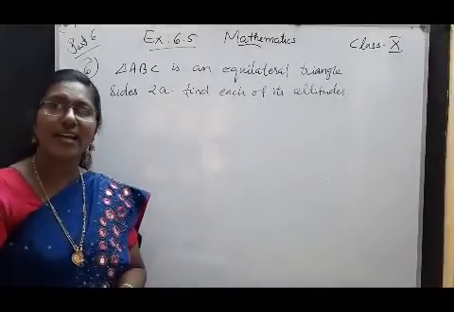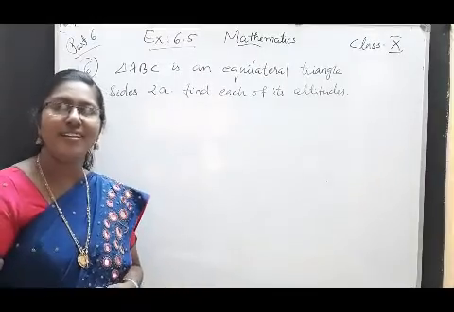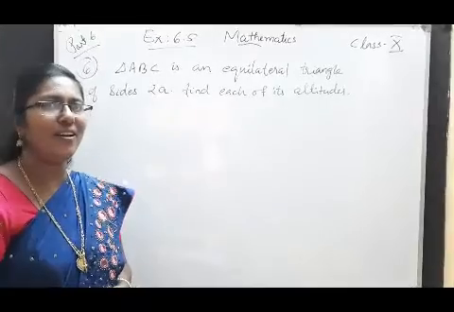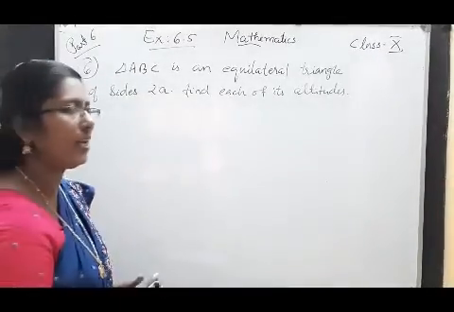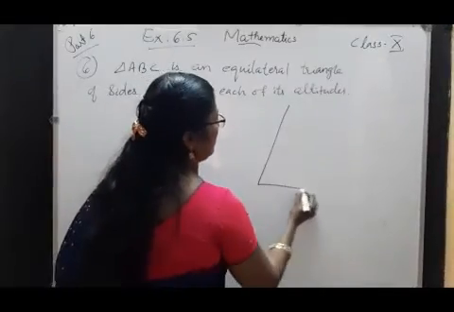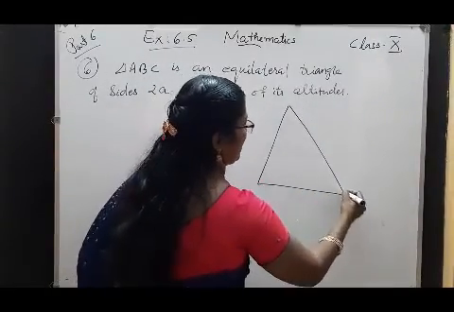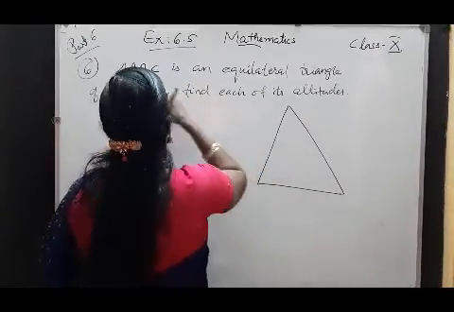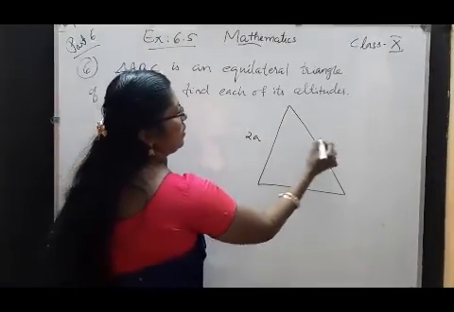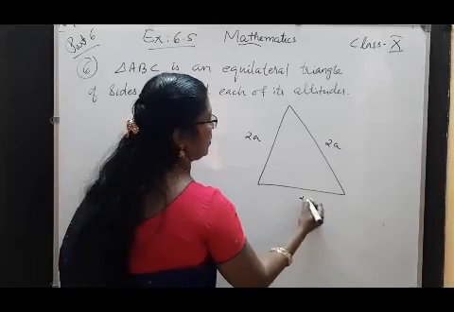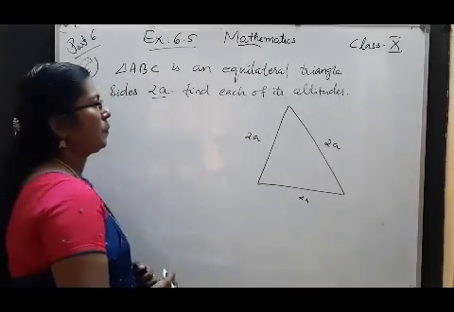What is an equilateral triangle? A triangle in which three sides are equal is an equilateral triangle. Here the three sides are equal and the sides are 2a. This is 2a, 2a, 2a.